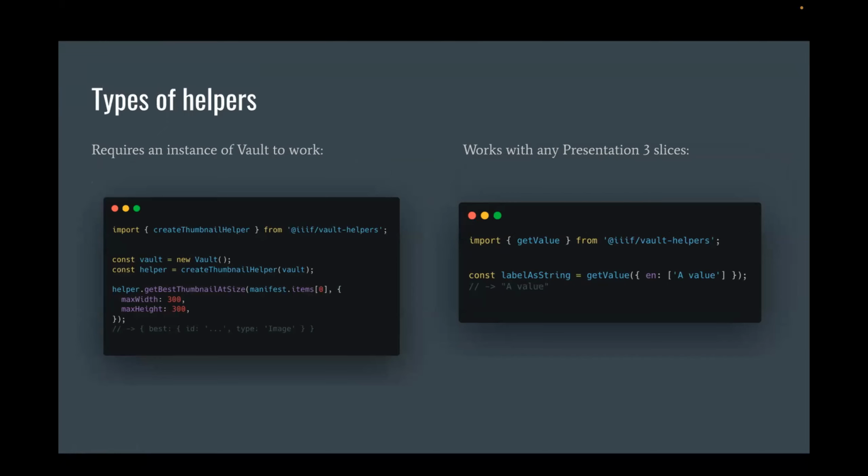You give it some parameters and it goes through the Vault and checks a whole bunch of things and then brings back what it thinks would be the best thumbnail for that size. And then there are others that would work with any IIIF presentation 3. And both types of helpers being in the same place and being documented in the same way is really valuable.